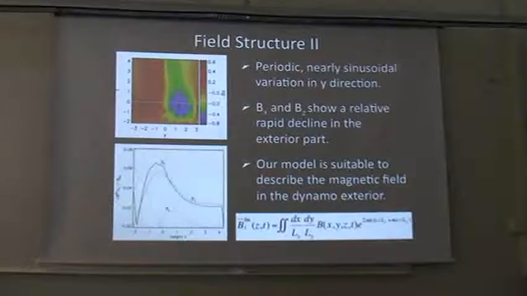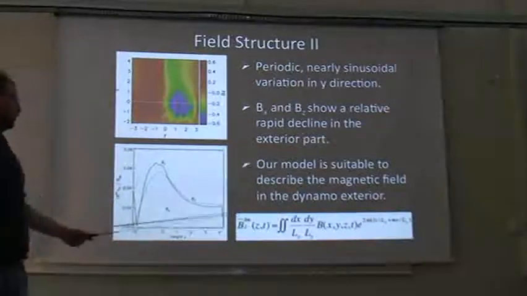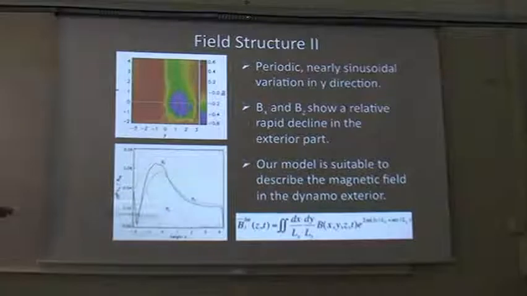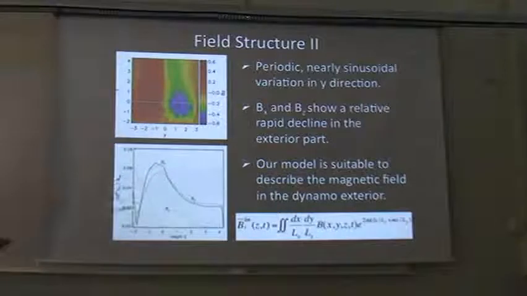And when you then use a Fourier method to look at the frequency, or the change of the magnetic field, you see that you have a BZ peak here.